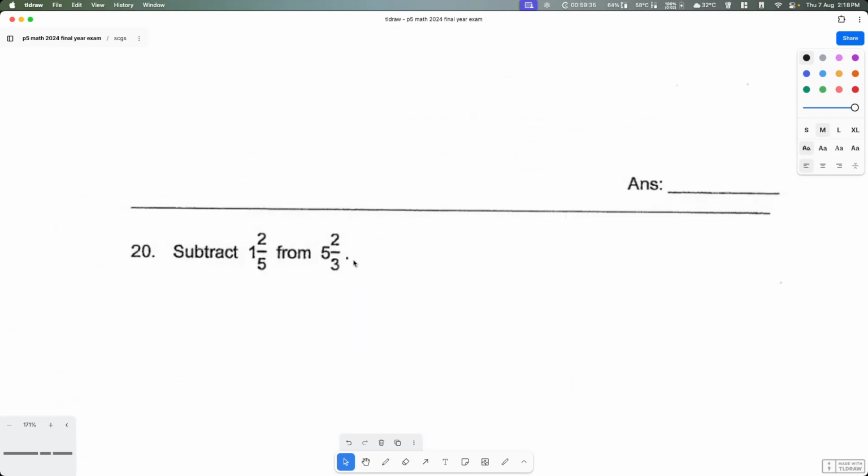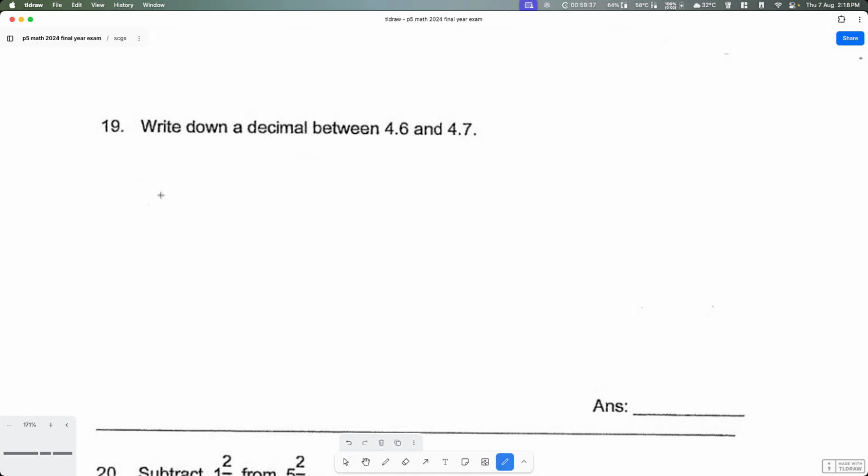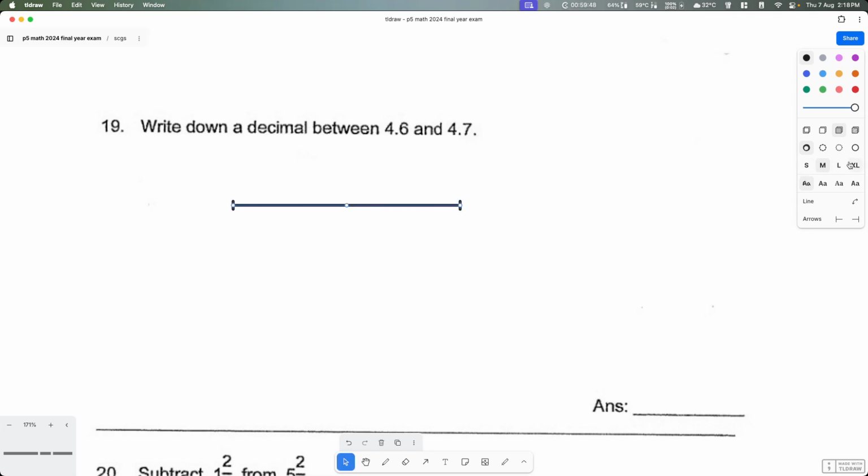Question 19. Write down a decimal between 4.6 and 4.7. If I were to draw a range, let me make it big, I'll put the number 4.6 here and 4.7 here.